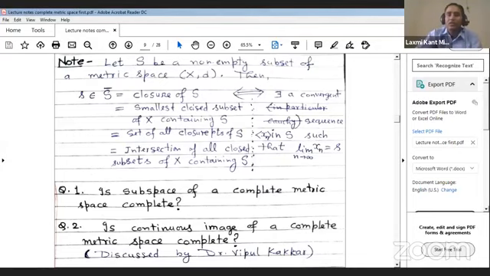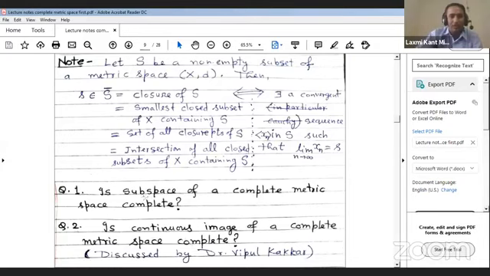The closure of S is the smallest closed set of X which contains S. That means it is the set of all closure points of S. It is also the intersection of all closed subsets of X containing S. So for every element s in the closure of S, there exists a convergent sequence xn in S which converges to s. You can prove it easily.